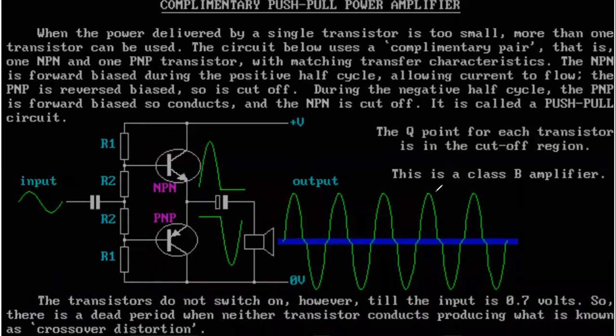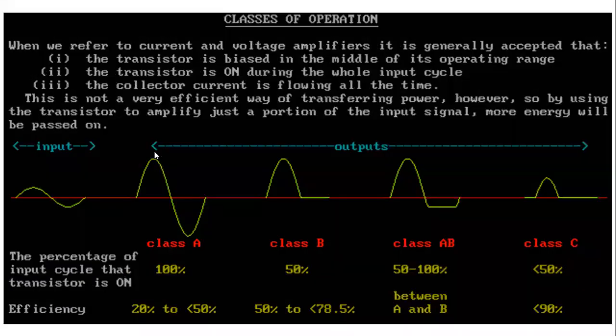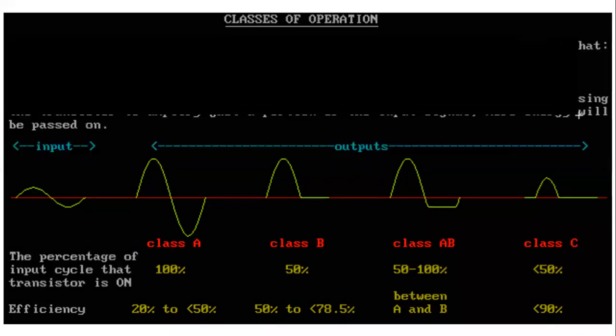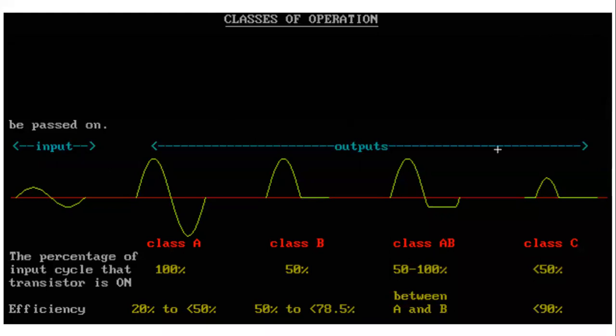So note down firstly the previous slide. Just write down this diagram. Please note down this kind of summary. Write the heading as classes of operations.